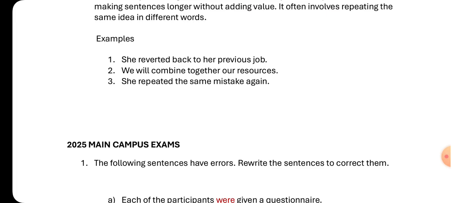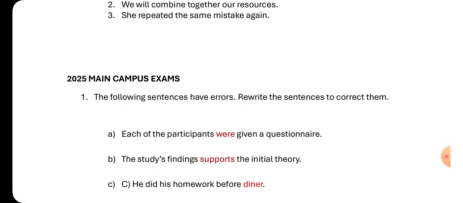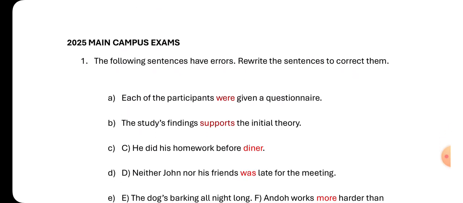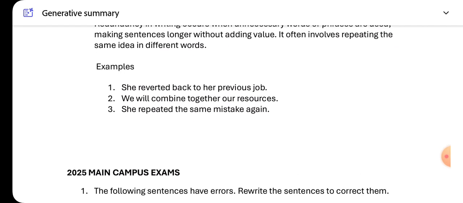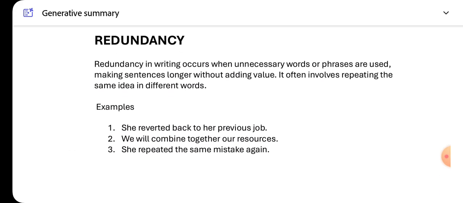The words repeated and again are the same. So you say she repeated the same mistake. You don't have to bring in again, which makes it redundant. So these are the ways you can solve them, by taking the unnecessary words out. That is it.